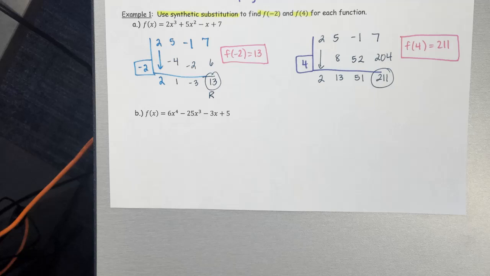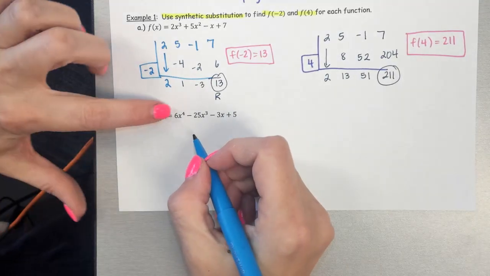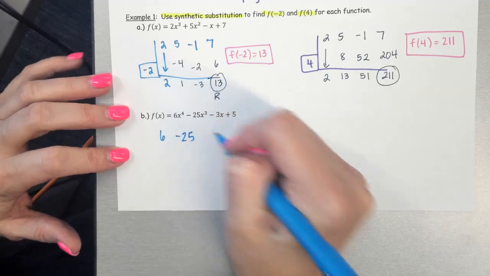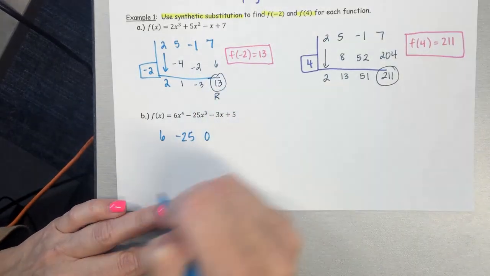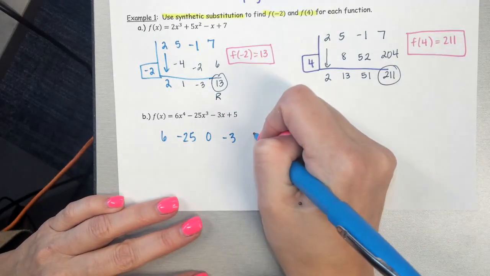Okay, and then for part B, again, we're doing the -2 and 4. So when you're setting this up, you have x to the 4th, -25x cubed. There's no x squared, so you do have to put in the 0. So if you miss that, you can go back.